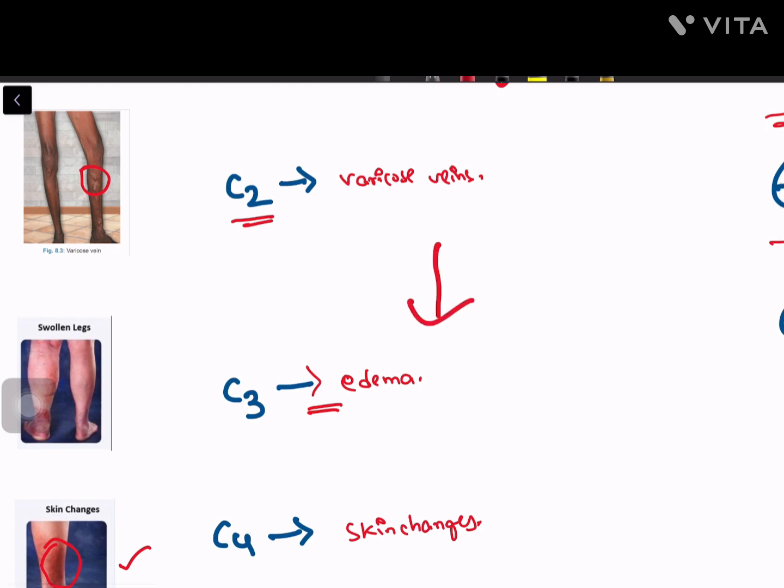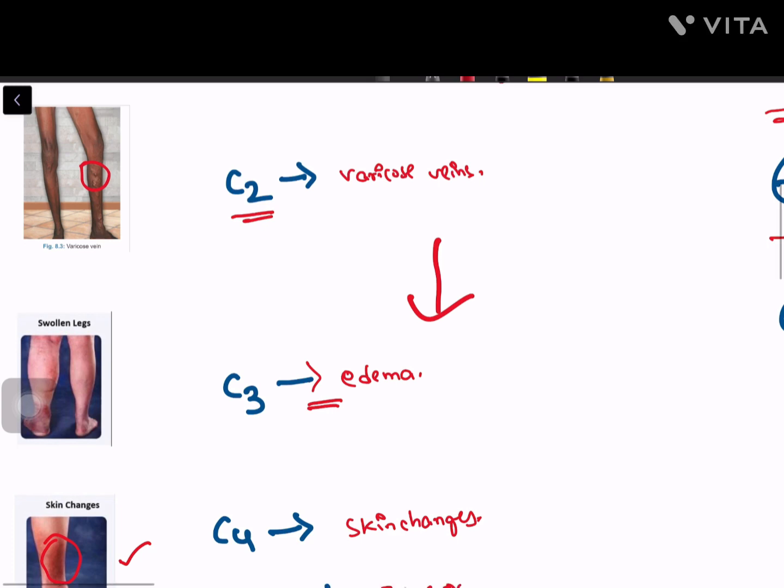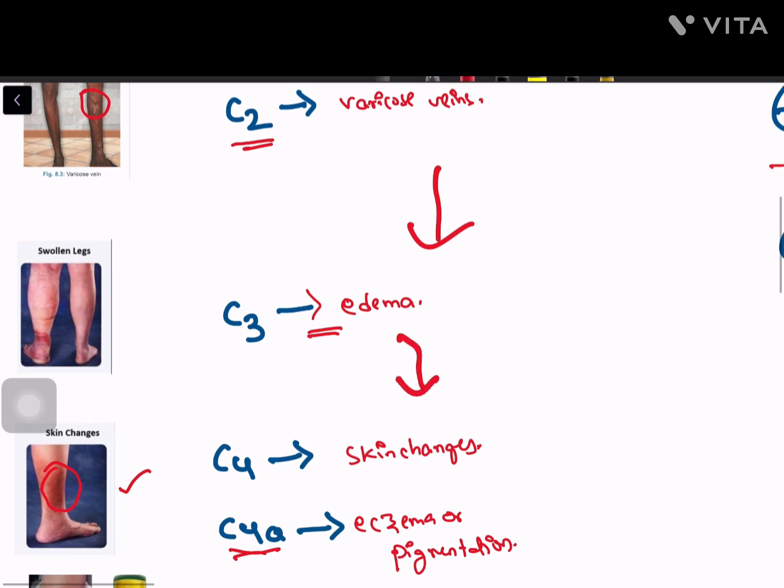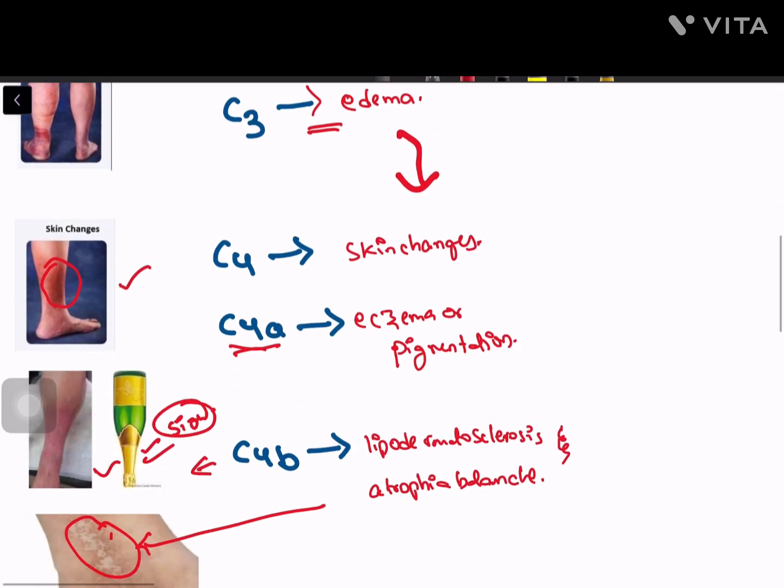Because it is venous hypertension, hydrostatic pressure will increase. More blood is there, hydrostatic pressure will increase and it causes edema. Then if edema is there, there is stretching of the skin, so skin changes will be seen.